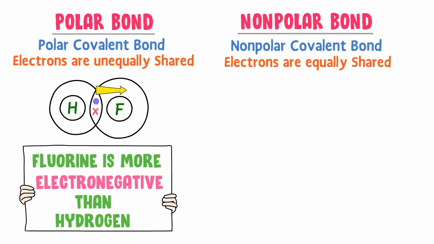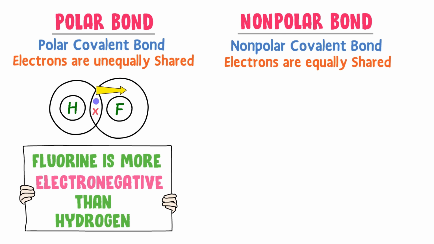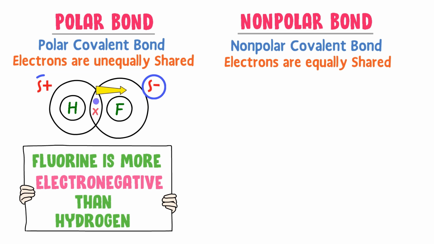Due to this, electronic cloud tilts more towards fluorine atom than hydrogen. As a result, partially negative charge appears on fluorine atom and partially positive charge appears on hydrogen atom. Therefore, we say that the bond between hydrogen and fluorine is polar because this molecule has positive pole and negative pole.